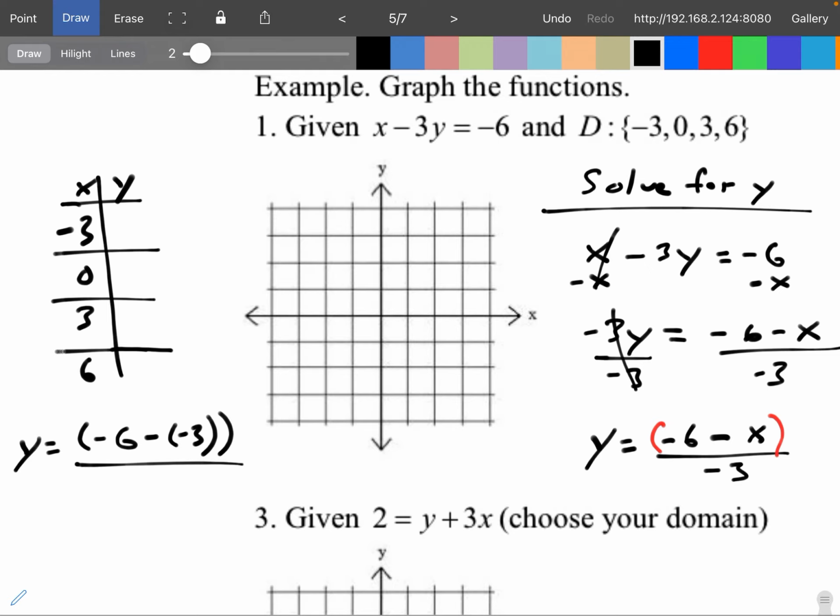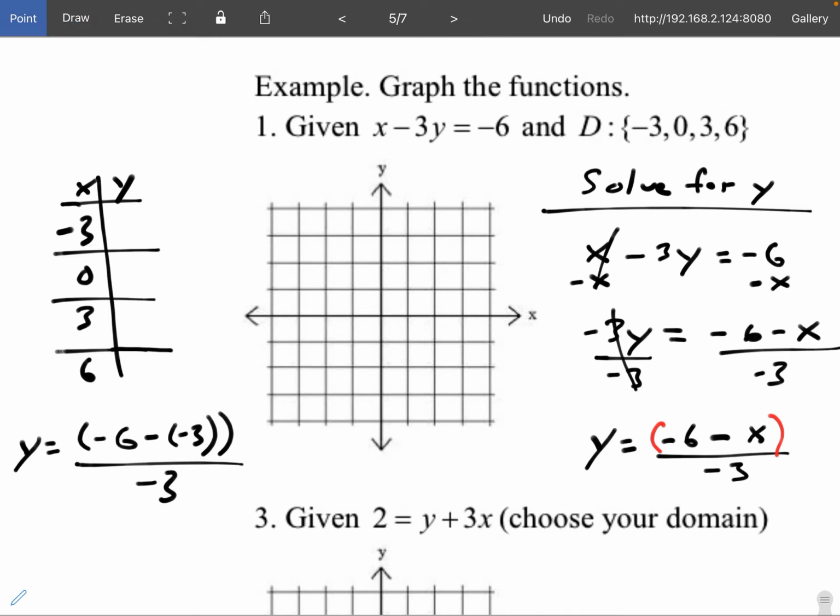So for the first one, I'll set it up for negative 3. It would look like this. You'd have y equals a parenthesis, then negative 6 minus negative 3, all over negative 3.